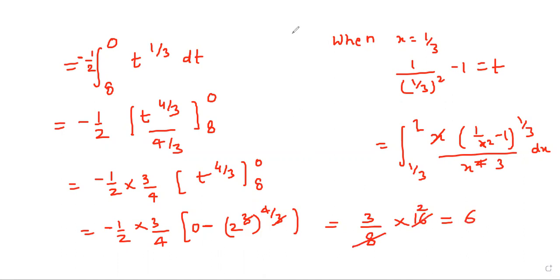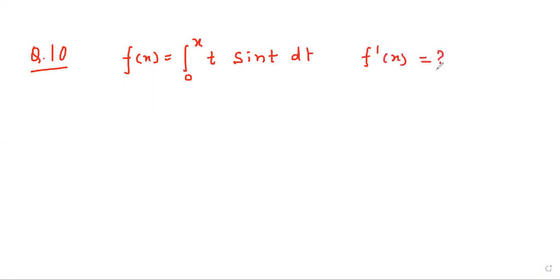Let's go to next question. Question number 10. If f of x equal to integration 0 to x, t sin t dt, then we have to find out f dash x. So here we can integrate it by parts.